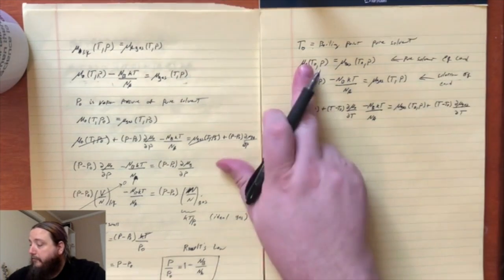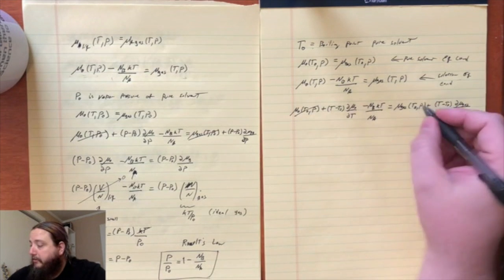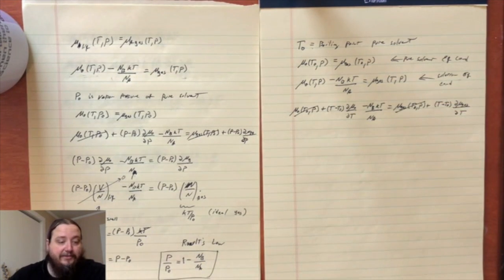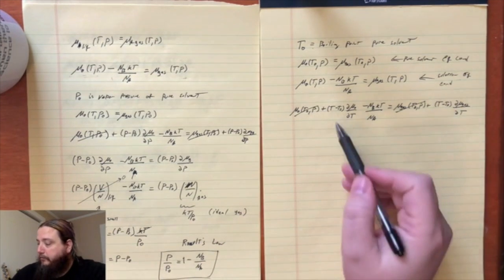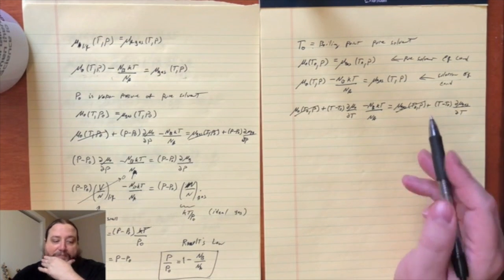Again, from the pure solvent equilibrium condition, the first two terms cancel each other out, and we're just left with the two terms here on the left and this term here on the right.